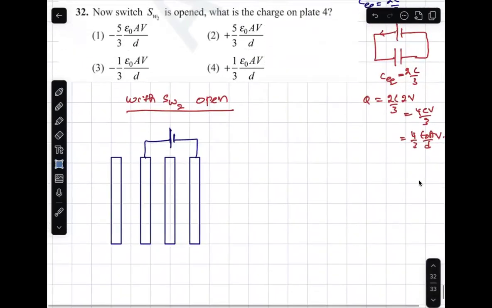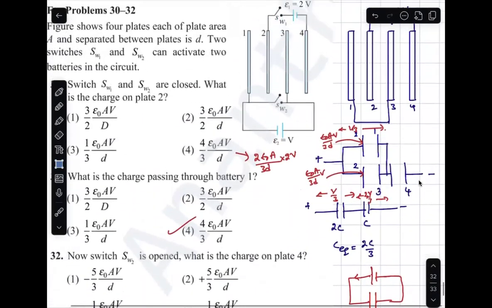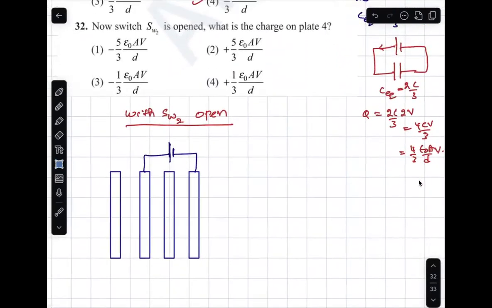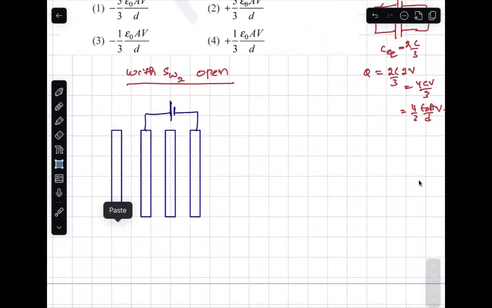Now what is the charge on plate 4? Plate 4 means negative. Now you again write this properly. What are the numbers? 1, 2, 3, 4. Now again you have plate 2. 2 is facing 1.